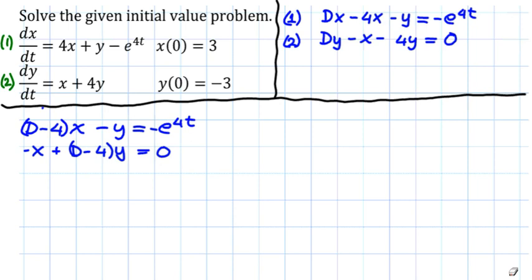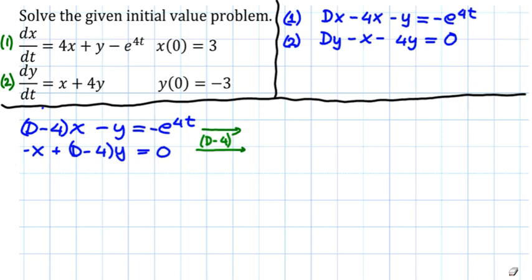I will eliminate x and then solve for y because it's easier to eliminate x. Actually, it is the same type of problem. So I will multiply d minus 4 on the bottom equation. Note that I treat the differential operator d just like a constant, so I just multiply instead of taking a derivative.